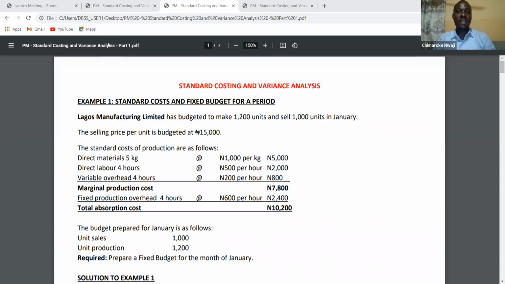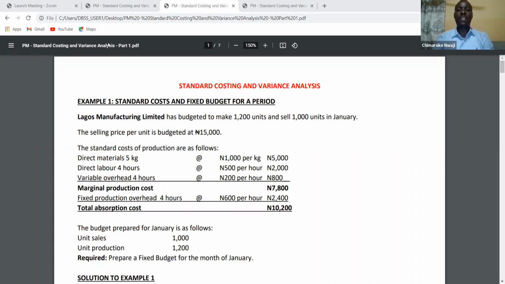In fact, for the next 4 classes, starting with this class and 3 on variance analysis, it is so important that we need to take our time to learn it so well.